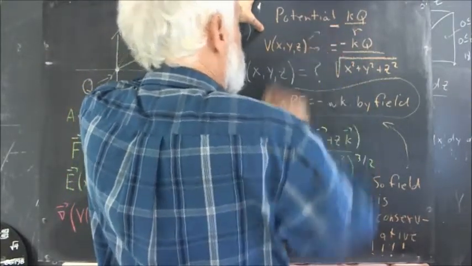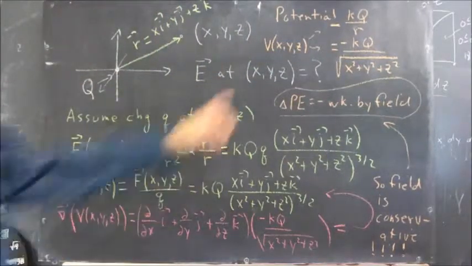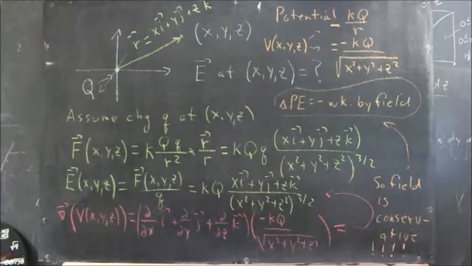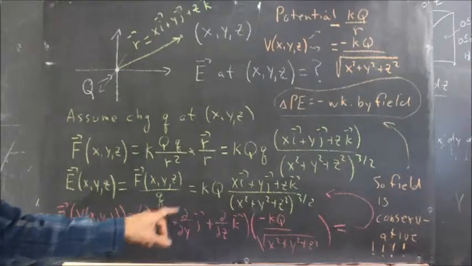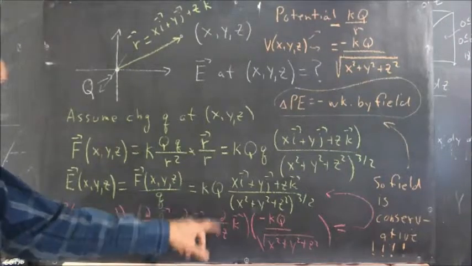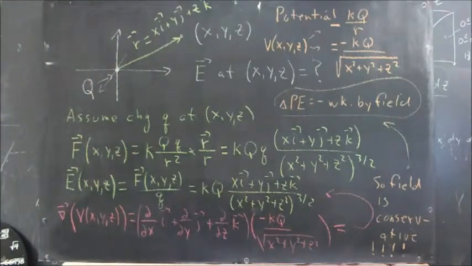This is the potential function, V of x, y, z. The gradient is a straightforward calculation, not even really difficult here. Remember, the gradient is partial with respect to x i, plus partial with respect to y j, plus partial with respect to z k, applied to whatever your function is.